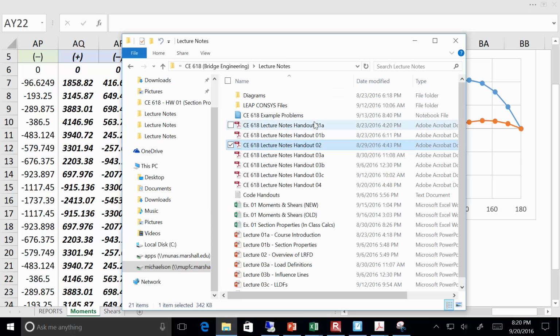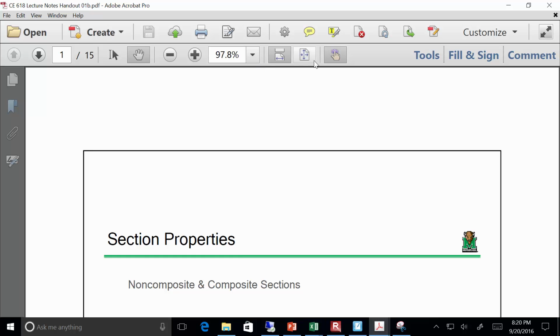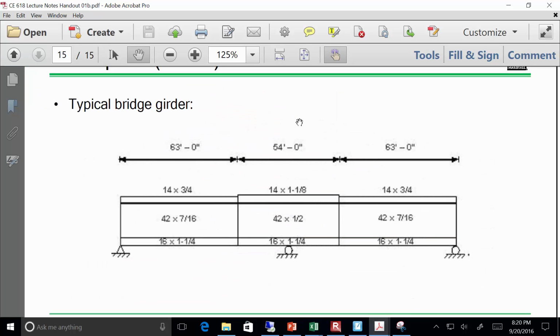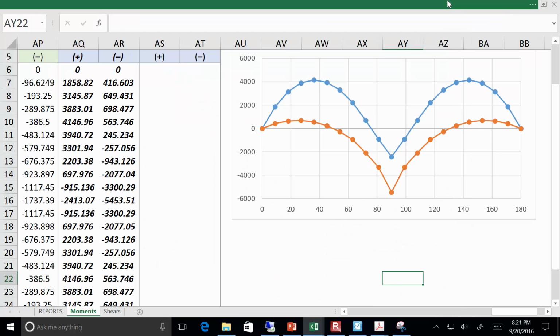Now, if I go back to the very end, remember, this is the beam I'm after, right? Two 90-foot spans. I propose to you that for this beam, this is the design moment envelope according to strength 1.